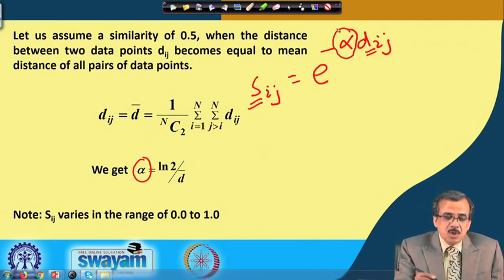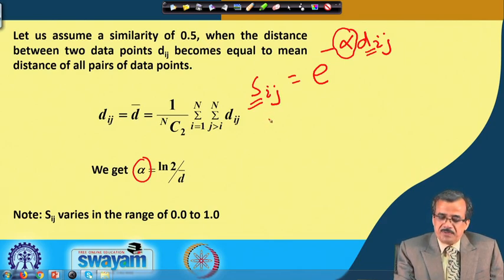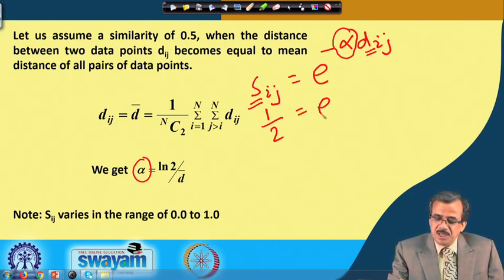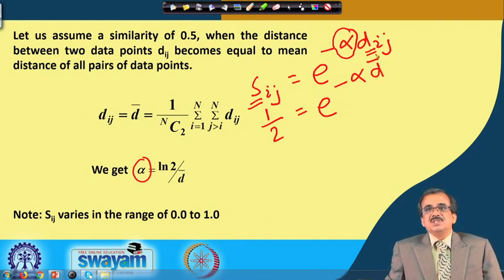Now, what we do is we consider a similarity of 0.5. So, 0.5 is nothing but 1 divided by 2, and that is e raised to the power minus alpha, and this d_ij is nothing but the mean distance, that is d bar.